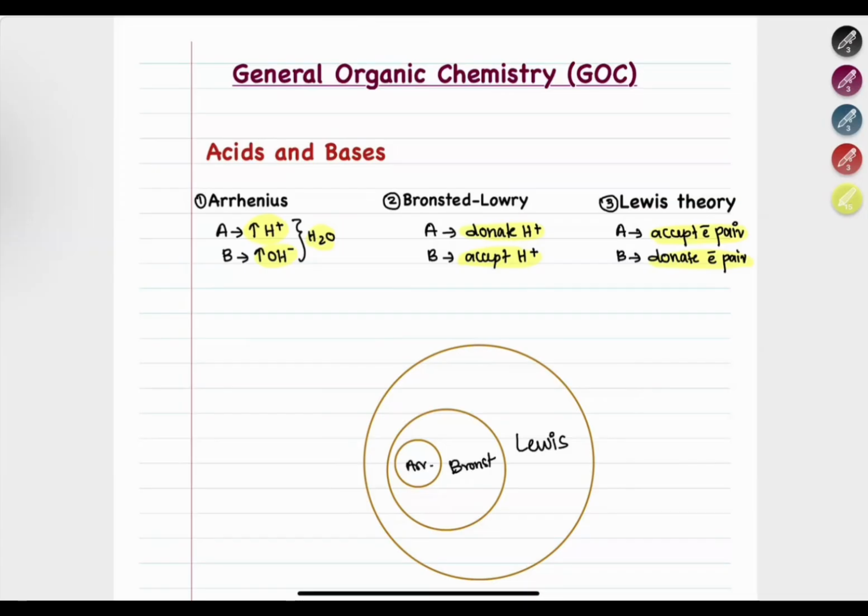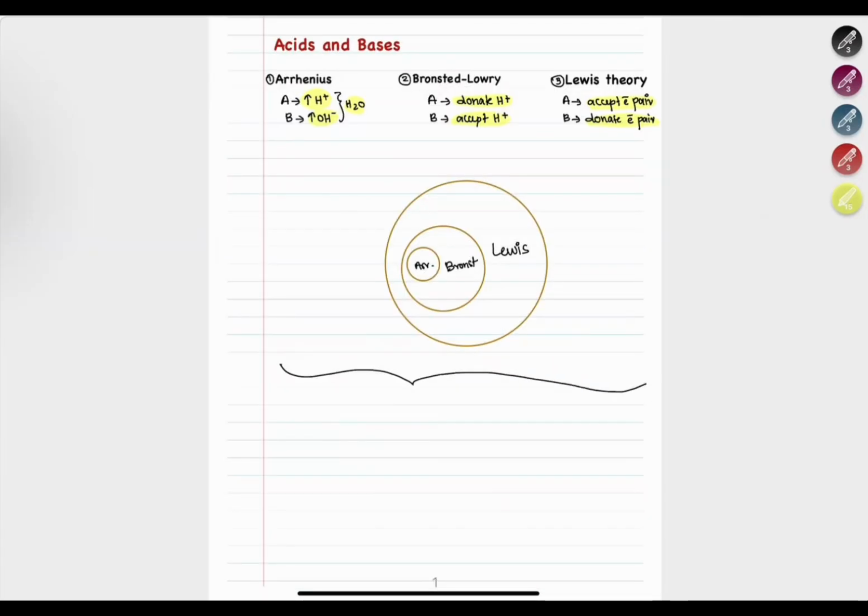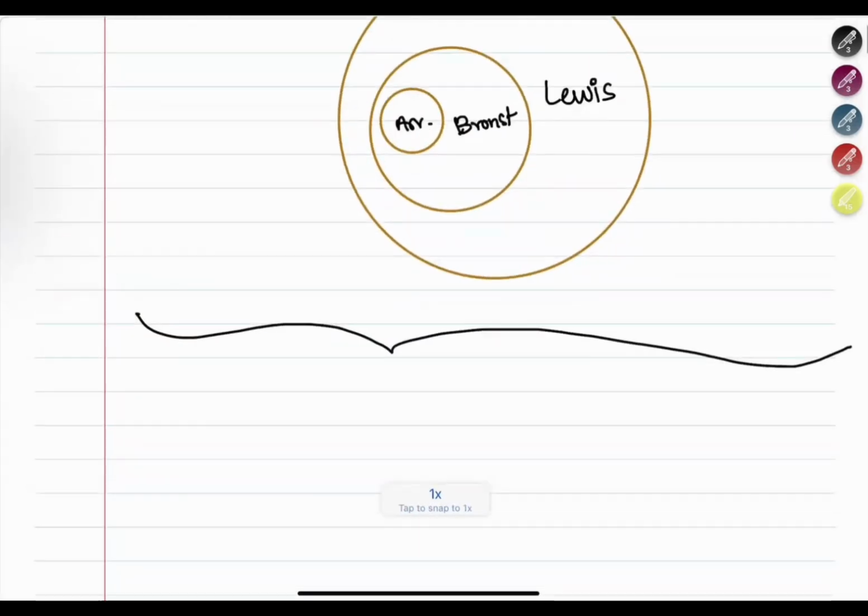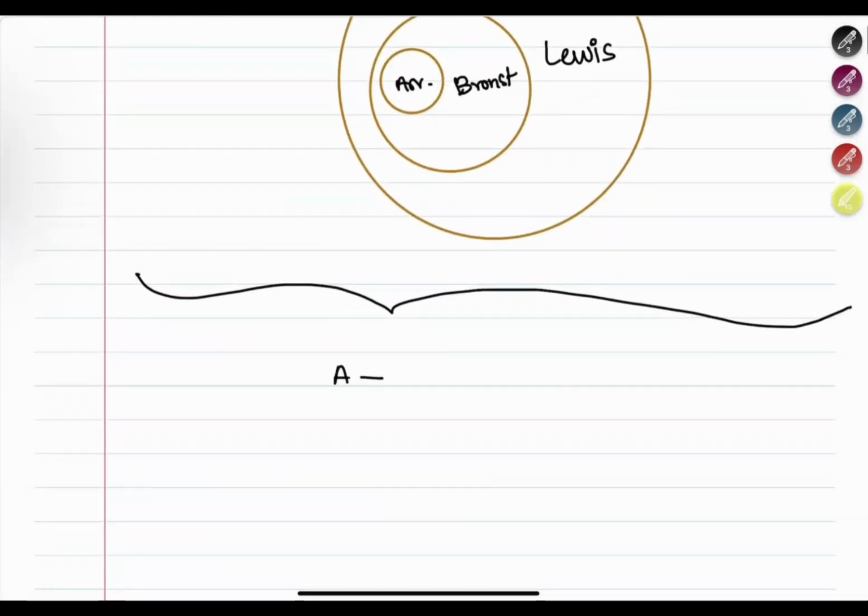Okay. So if you have to sum up these three theories of acids and bases, we can say that an acid is a substance which will donate H plus or accept an electron pair, and for a base, whatever is the acid, the base will be the exact opposite.